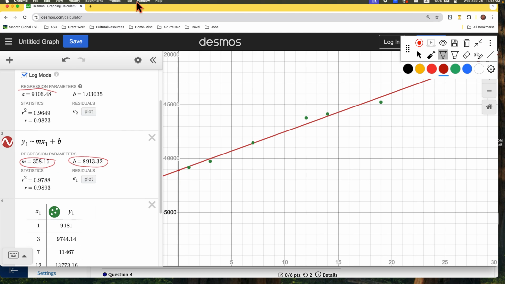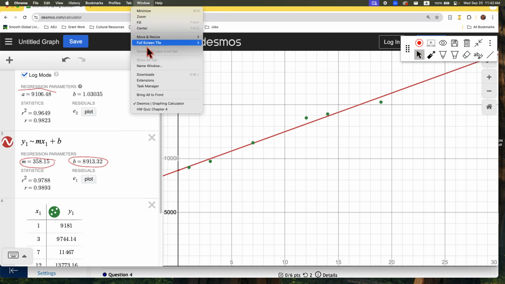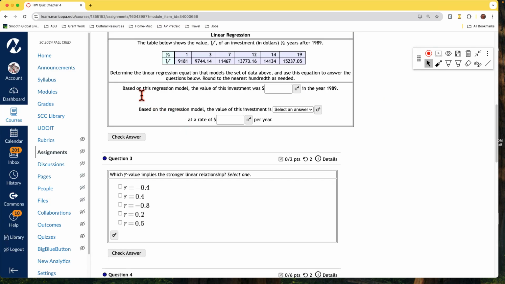So if we go back to the quiz, it's asking, based on this regression model, the value of this investment was blank in the year 1989. 1989 is year 0, right? Because the time is years after 1989.